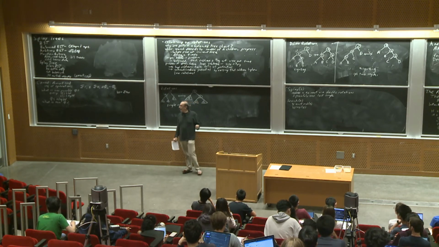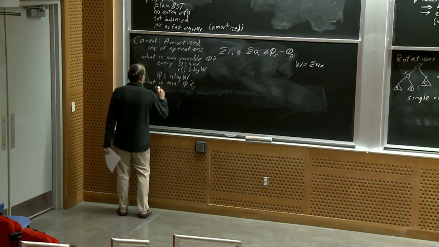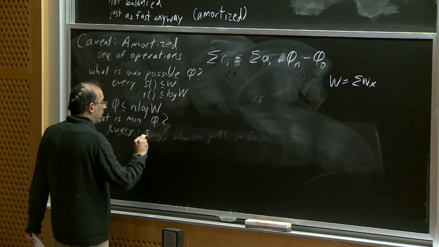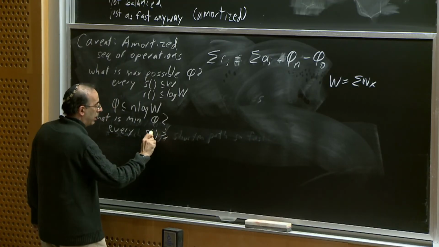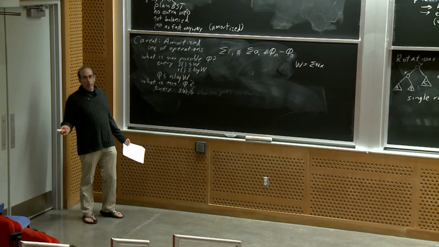Okay. Well, again, let's look at it in terms of individual nodes, right? If I want to lower bound the potential, can I lower bound the potential from an individual node? Or start by looking at this. How do I lower bound the size of one node's subtree? Yes. It's not negative. It's bigger than 0, but we can say more than that, right?